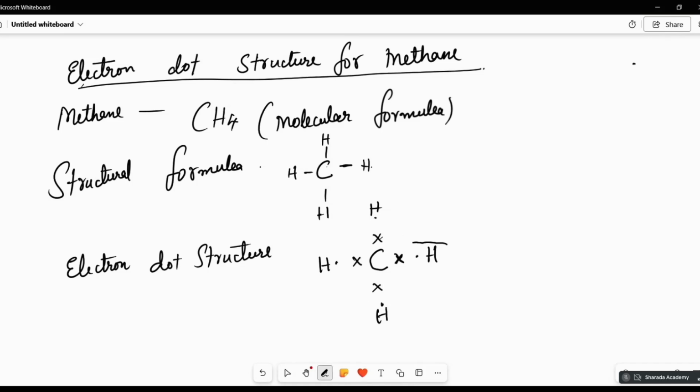For each hydrogen, these are the 2 electrons which are revolving around it.